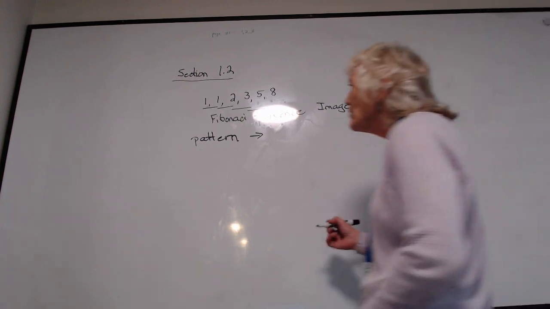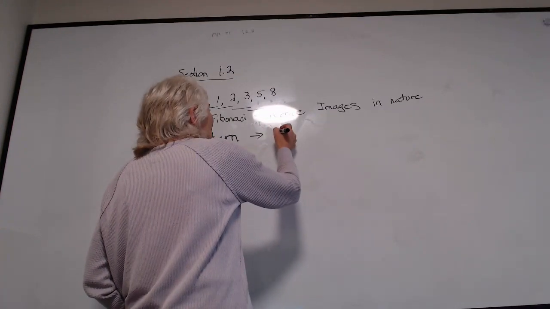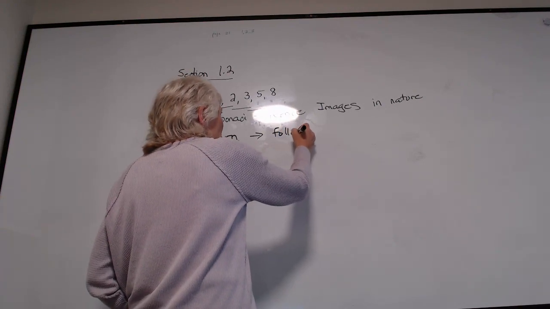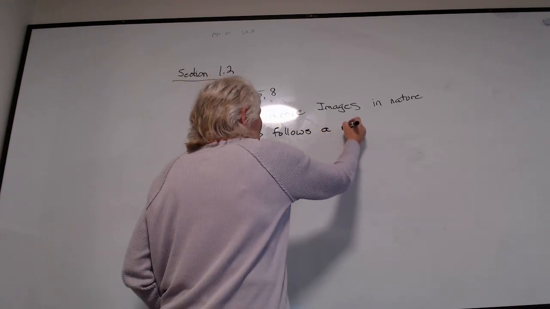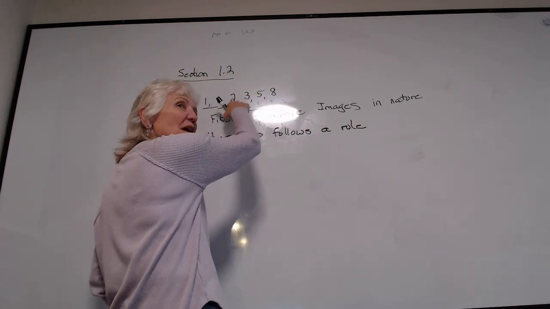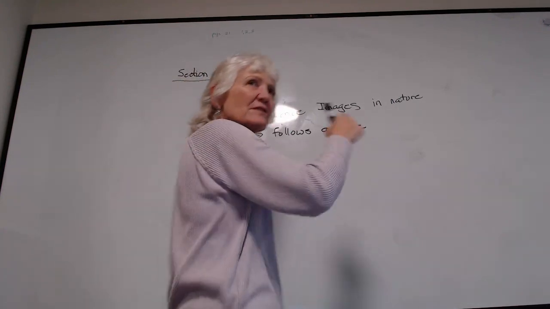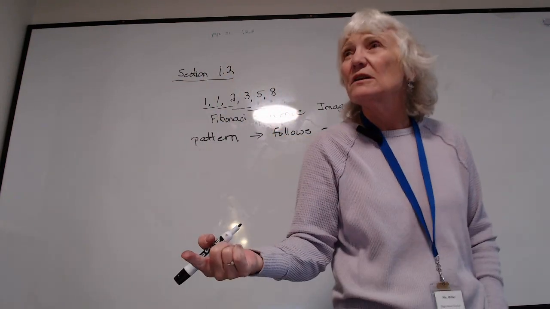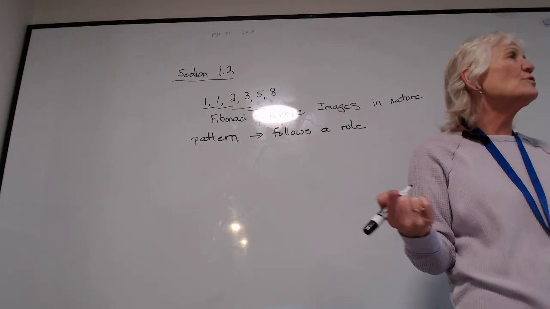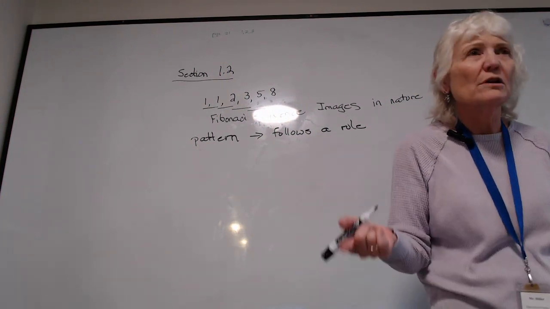We are looking specifically at pattern. So a pattern follows a rule. The rule up here was take two previous terms, add them together and get the next one. So you can give the rule of finding the next one. That's really what a pattern is. We follow some sort of rule.